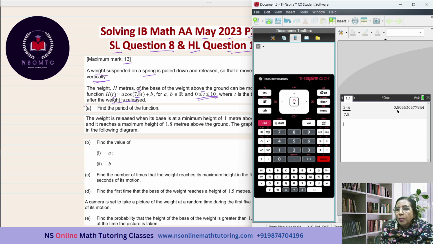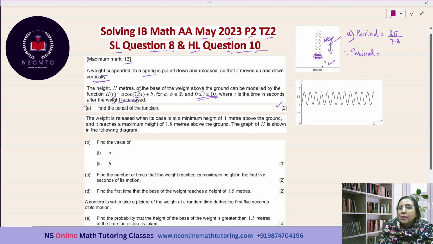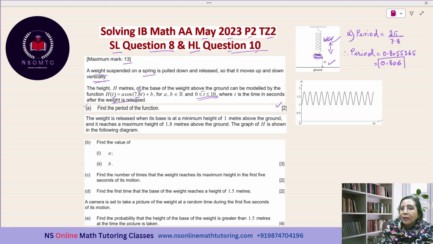It is 0.8055365, which is equal to 0.806 correct to 3 significant figures. So this is the answer for the subpart A.